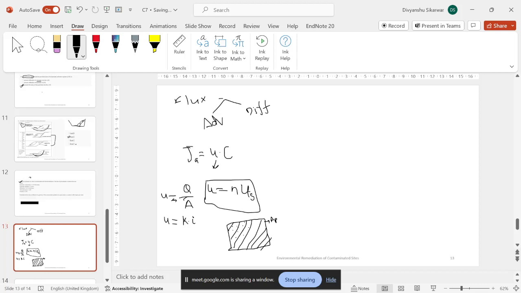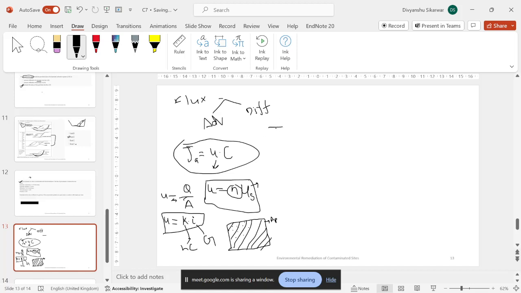For that consideration, we multiply porosity with seepage velocity to get the Darcy's velocity. Or if you divide Darcy's velocity by porosity, you will get seepage velocity. So for advection, flux calculation will be through this formula, and you can calculate the Darcy's velocity as hydraulic conductivity times gradient.